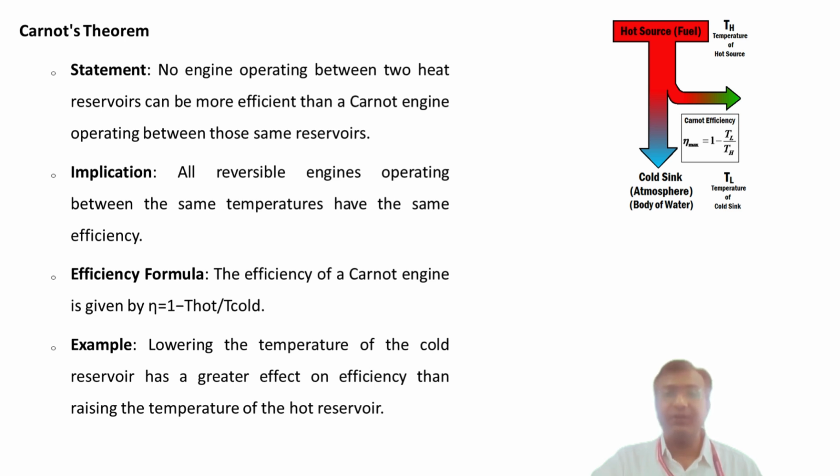The efficiency of a Carnot engine would be 1 minus 300 divided by 500, which gives 1 minus 0.6, equal to 0.4 or 40%. So the engine can convert only 40% of the heat input into useful work, with the remaining 60% being discarded to the cold reservoir.